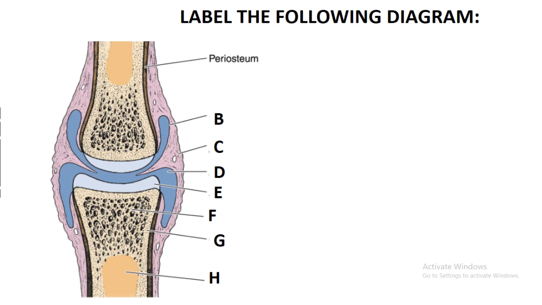Let's quickly move on and look at B. When we check out B, B is just the synovial membrane. If you look at how the synovial membrane was shown in the previous slide, you understand that there is a little bit of difference, but they are just one and the same. Let's quickly move on and look at C. C is simply the fibrous layer of the capsule.